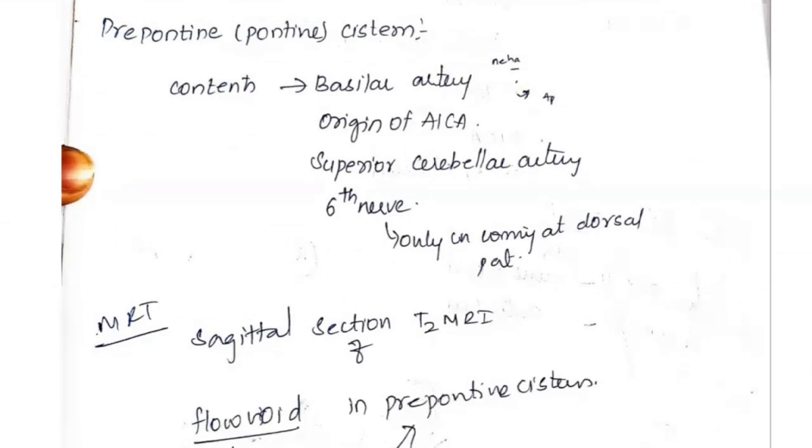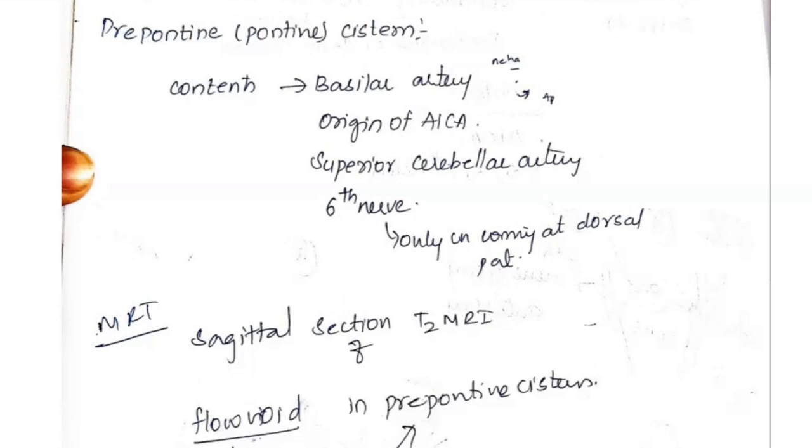The other ones are the sixth nerve and the superior cerebellar artery. First, we'll discuss these ICA, PICA, and superior cerebellar arteries. The cerebellum is supplied by two blood vessels: the superior cerebellar artery and the inferior cerebellar artery.